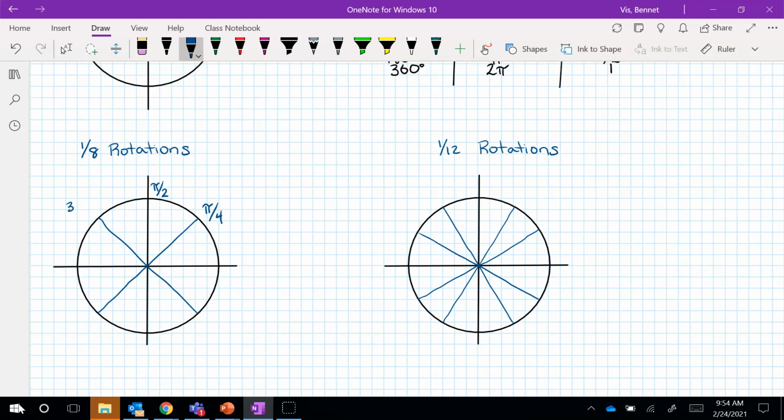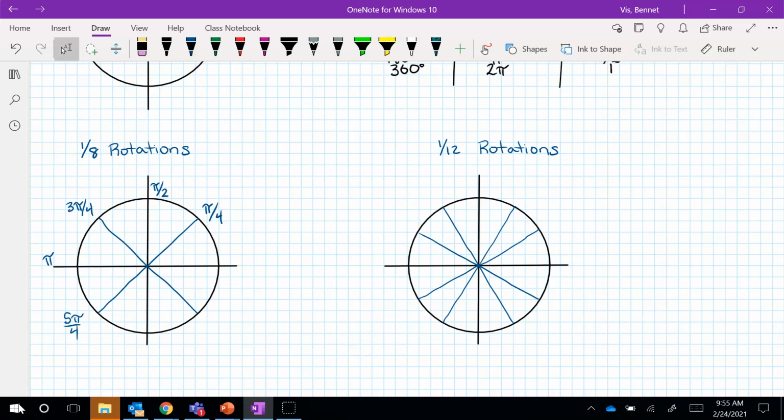Then we already have my 180 degrees, which I know is equal to pi. What's this one down here? Well, it's going to be another pi over 4 past pi, or I can think of it being 5 slices of this. Got 1, 2, 3, 4, 5 pi over 4s, and that's really what I would write.